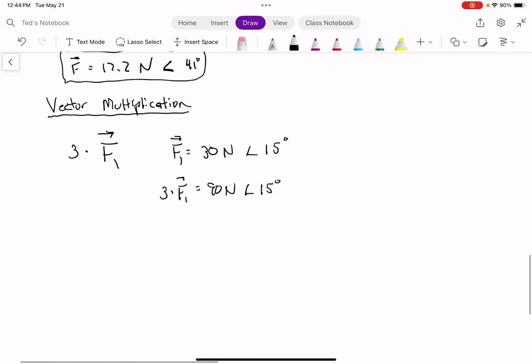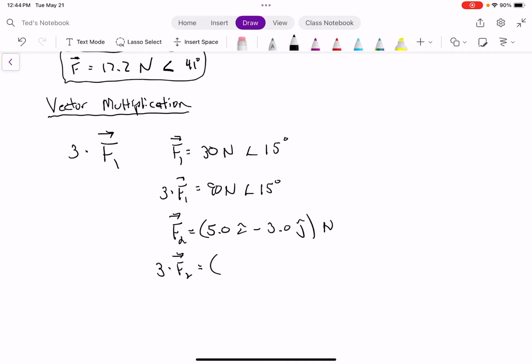Likewise, if f2 was equal to 5 i hat minus 3 j hat newtons, then 3 times f2 would just be equal to 15 i hat minus 9 j hat.